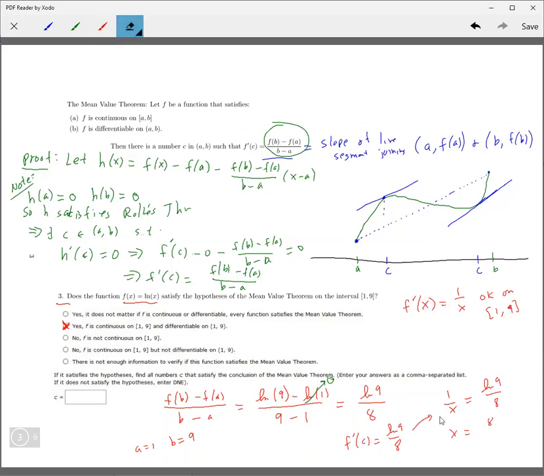Let me use the C there instead, okay? So C is 8 over log 9. Okay, like that. There we go. So that should work, 8 over log 9. Any questions about that?